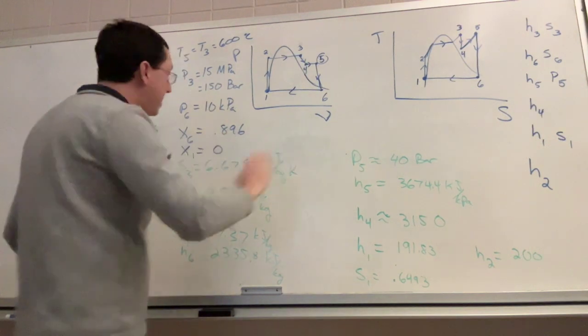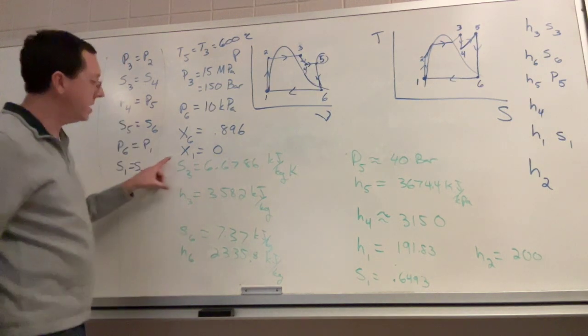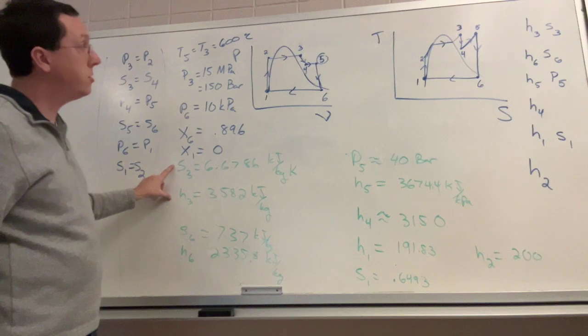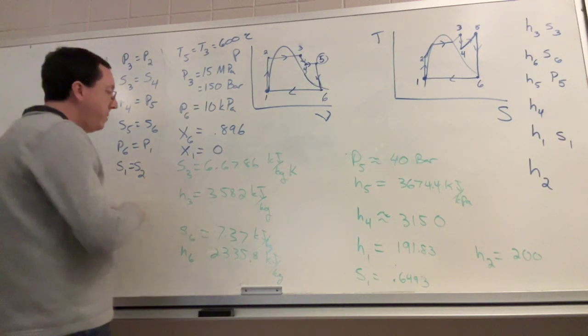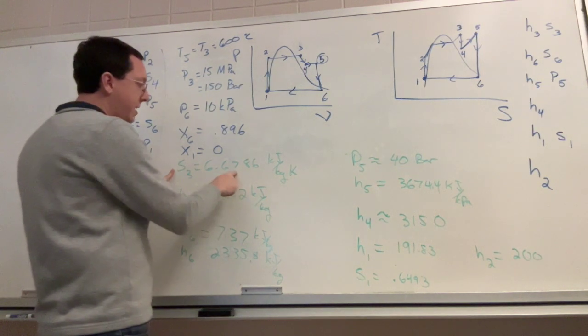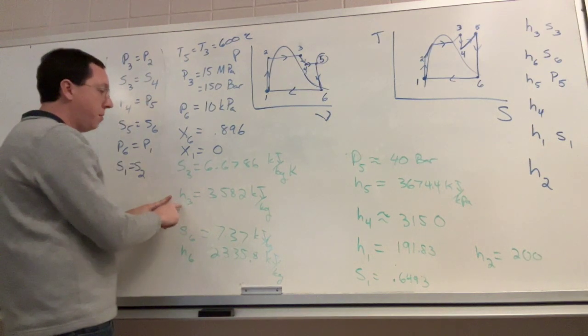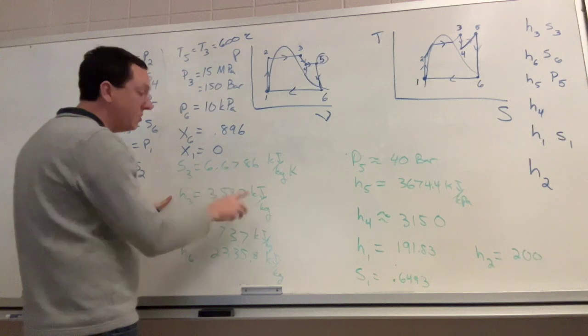So if you've got that logic, then let's go through this. As I said before, using the temperature and pressure for state 3, we can find an entropy, S, which was 6.6786, and an enthalpy, which is 3582.